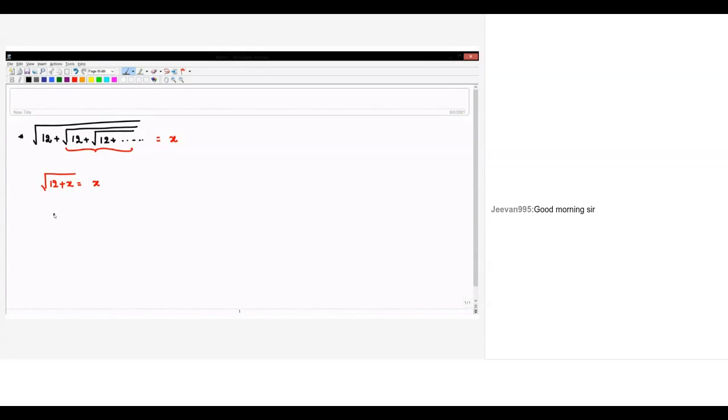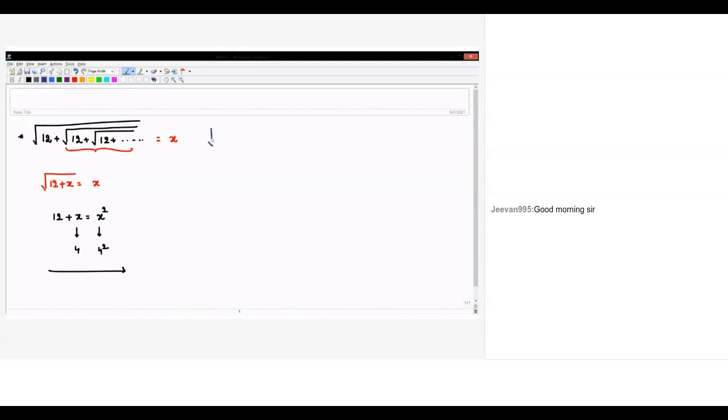Square on both sides: 12 plus x is equal to x square. Instead of solving a quadratic equation, we know if I substitute 4, I'll be getting 4 square. So the answer is what? x is equal to 4.